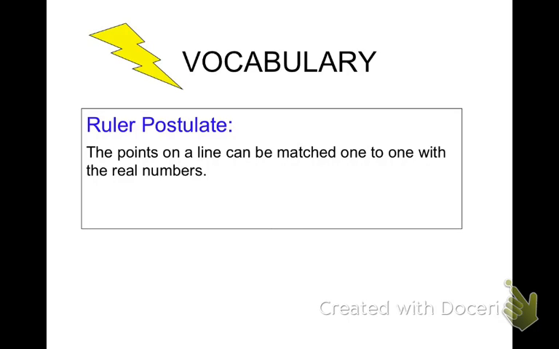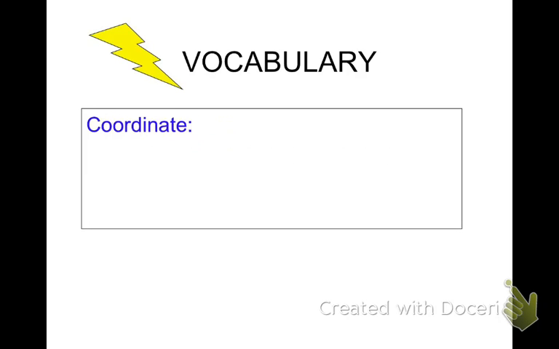So if you think about it, a ruler has what on it? A whole bunch of numbers, right? So technically, your ruler is kind of like a real number line. On your ruler, you've got a whole bunch of tick marks that represent those numbers. And each of those numbers we are going to call a coordinate.